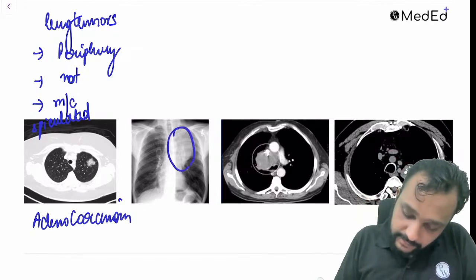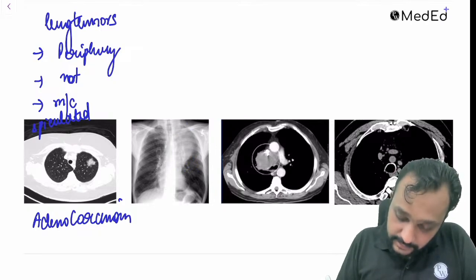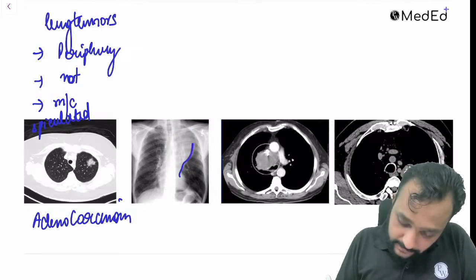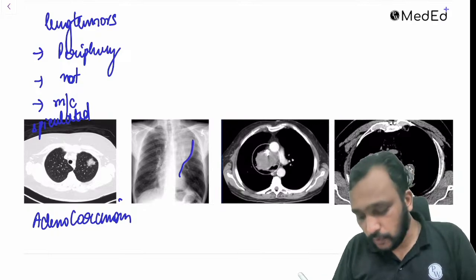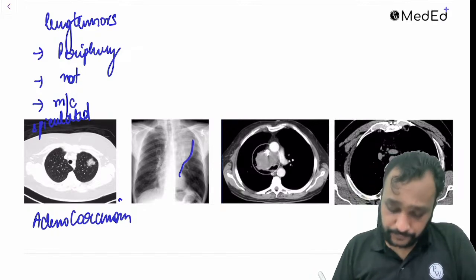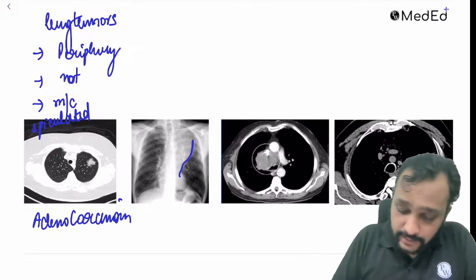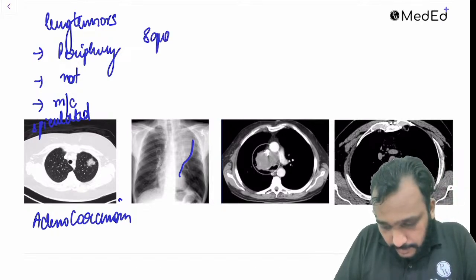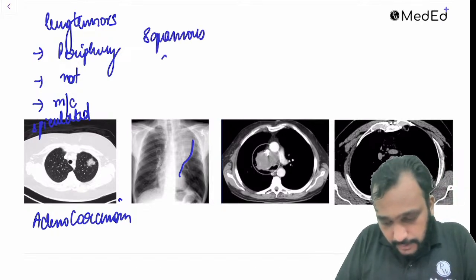right? So guys, if you have a central tumor that is very commonly associated with smoking, it is giving this golden S sign, that will be seen in patients with squamous cell lung carcinoma.